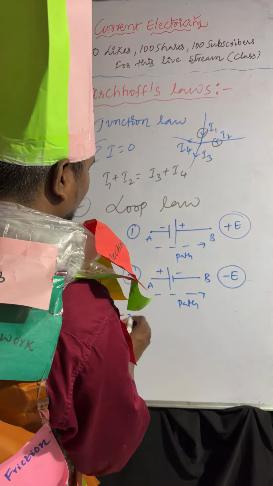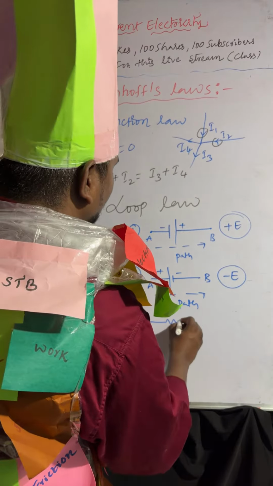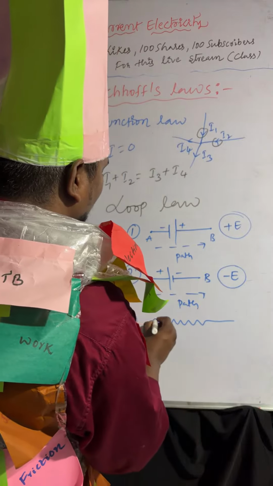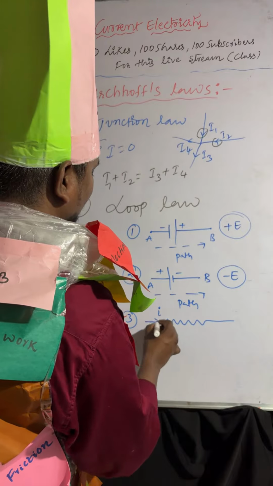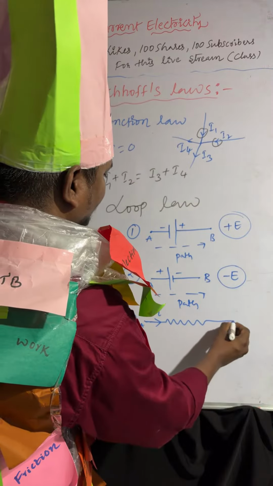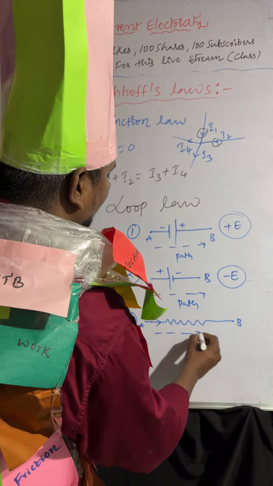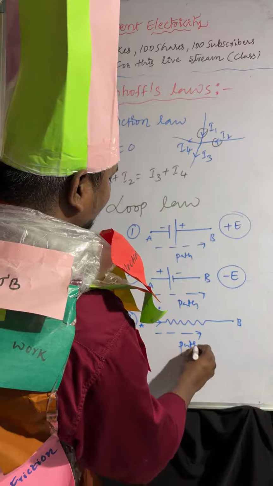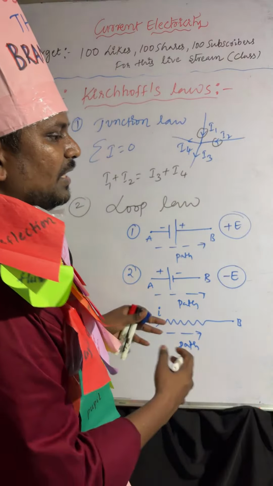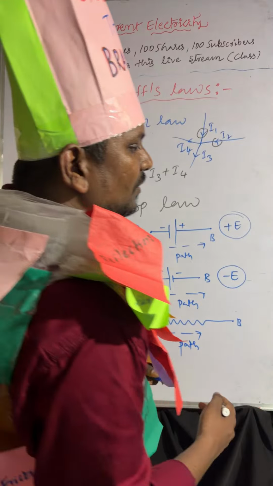And coming to the third one, you are moving through a resistor along the current direction. This is the current, A and B. So I am taking this path. The path is very important; along the path, you have to consider the path.